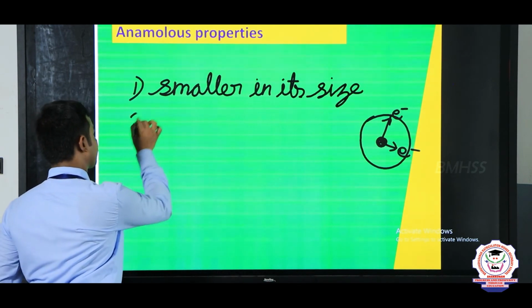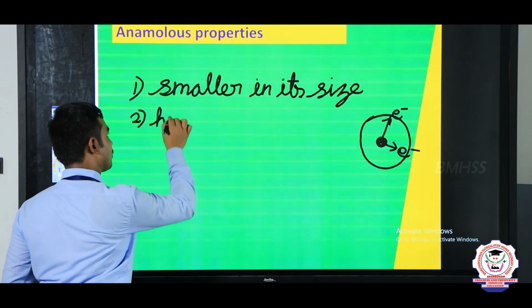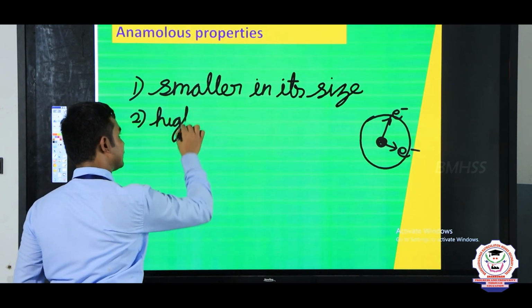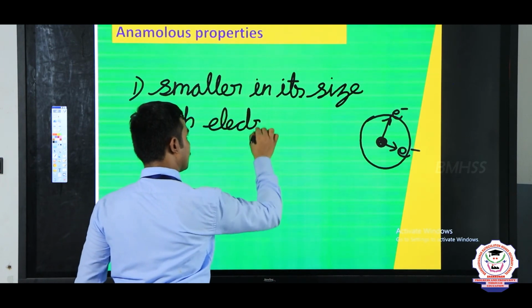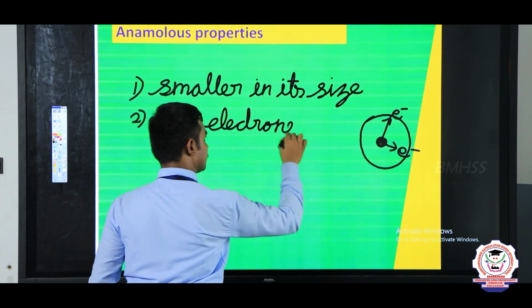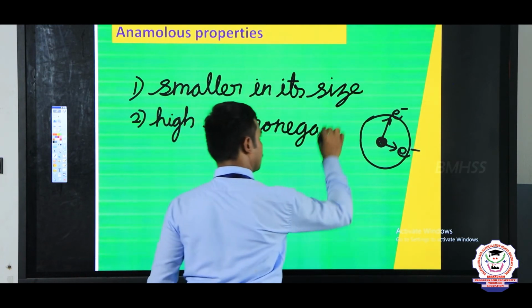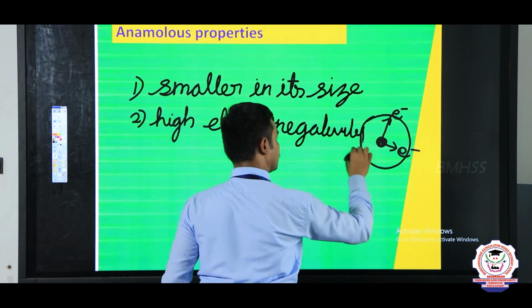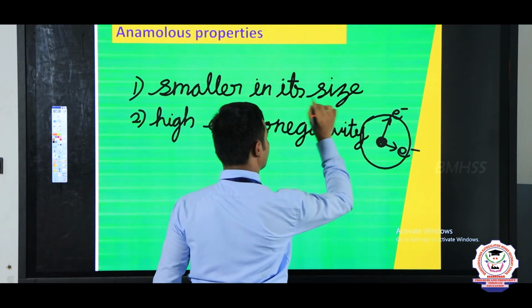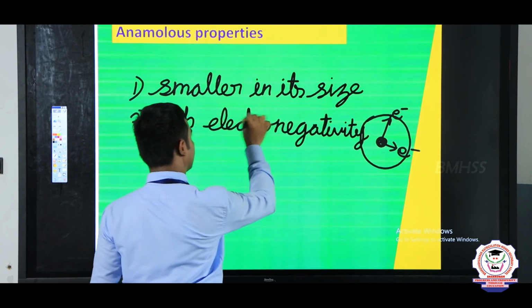And the next anomalous property is they have high electronegativity. It means the electronegativity value for the p block elements is higher.